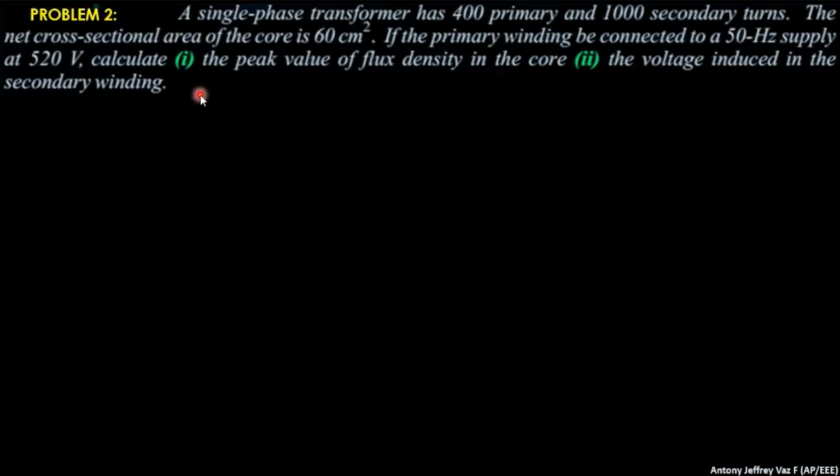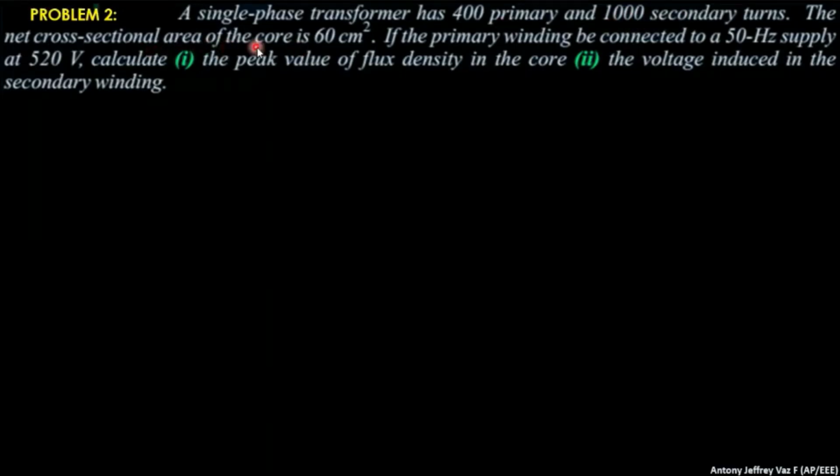Here the primary turns is 400 and the secondary turns is 1000. So N1 is 400 because primary is N1, and N2 represents secondary, so N2 is equal to 1000.